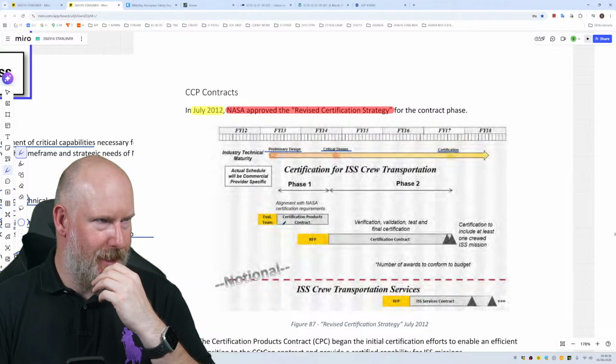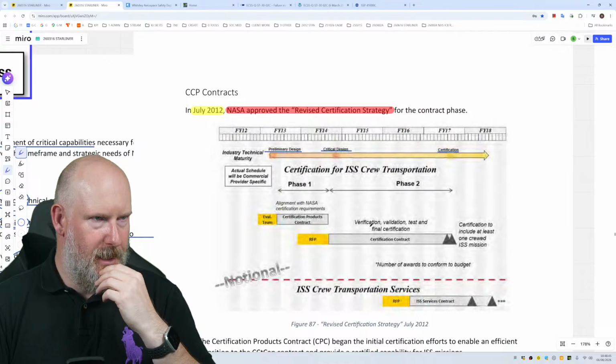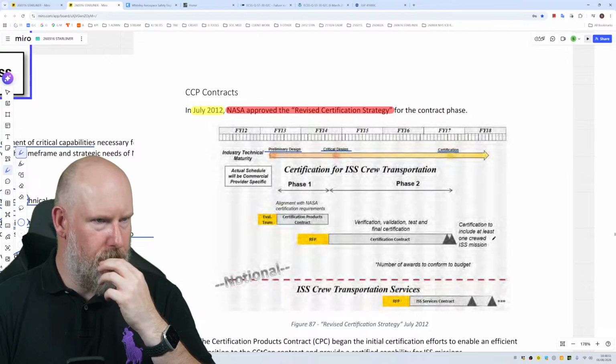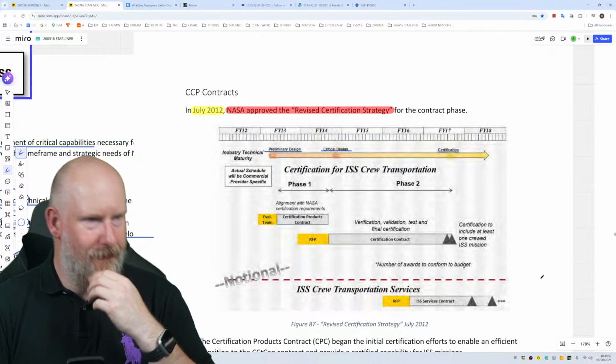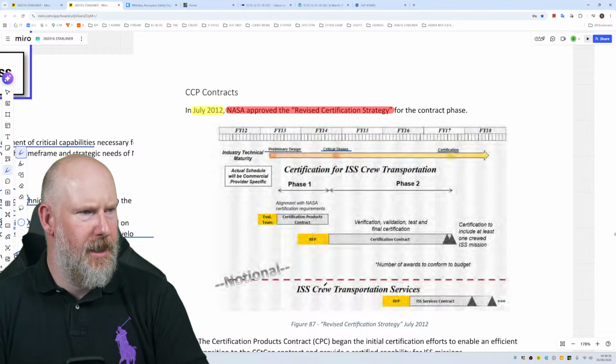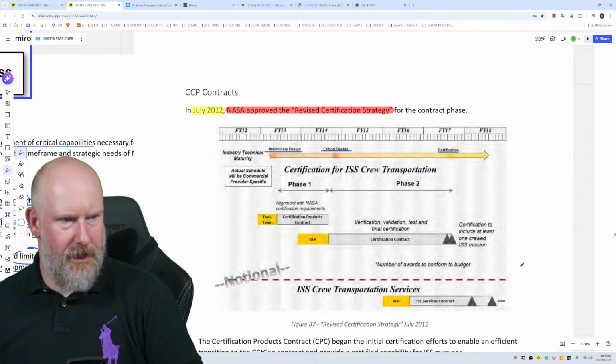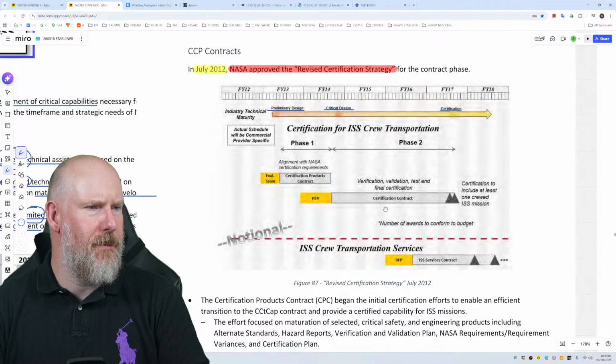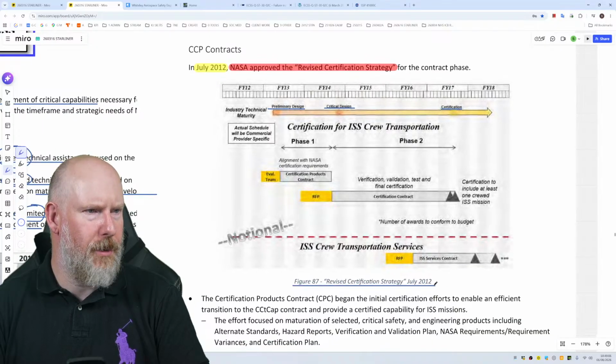So we've got an evaluation team, certification products contract, request for proposal, presumably, a verification, validation, test, and final certification contract, certification to include at least one crewed ISS mission, number of awards to conform to budget, ISS crew transportation services, request for proposal, ISS services contract. Revised certification strategy 2012.